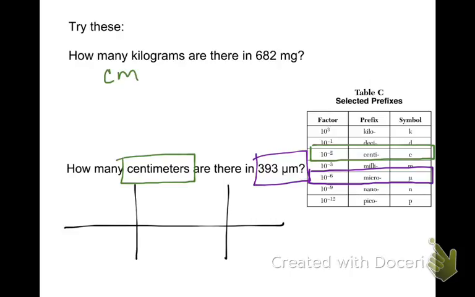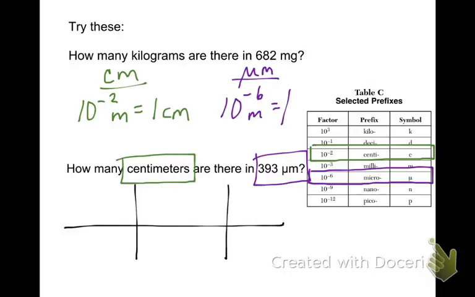So we've got our centimeter conversion factor. So it's 10 to the negative 2 meters equals 1 centimeter. And for micrometers, we've got 10 to the negative 6 meters equals 1 micrometer. So those are our two conversion factors.